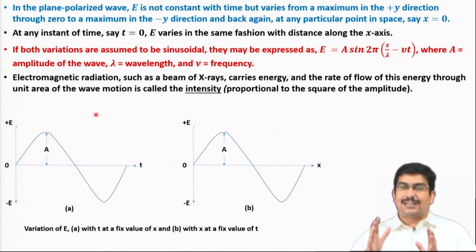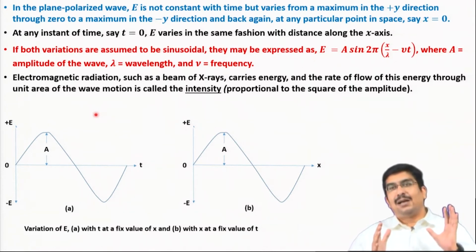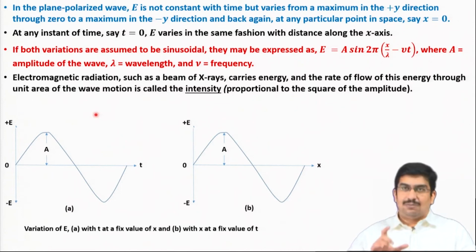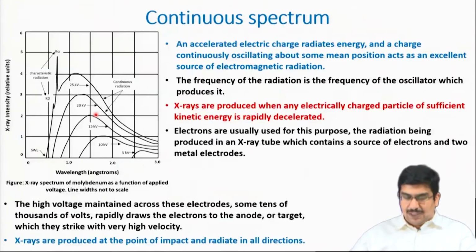So, if the wave is propagating in the x direction, then a unit area placed perpendicular to the x direction, and the amount of energy that flows through it in unit time, is the measure of intensity for the electromagnetic radiation, and X-ray is an electromagnetic radiation.